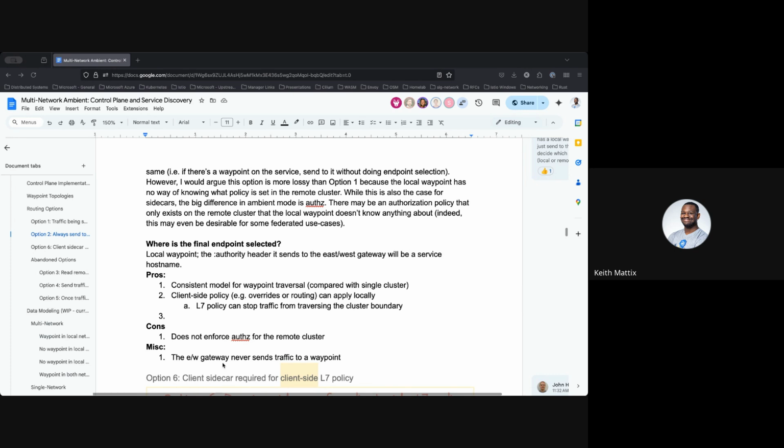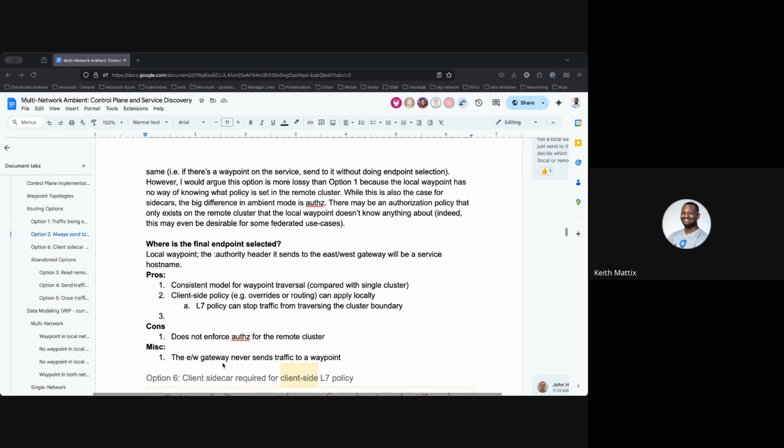The problem is that because you're going to the local waypoint, the east-west gateway would not send to the remote waypoint. And if there's a policy deployed in the remote cluster that the local cluster doesn't know about and it's not replicated, then you now have a hole in your system, because you're not actually applying policy on that remote waypoint. It's being completely skipped.